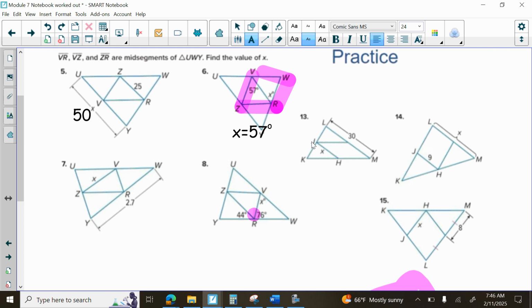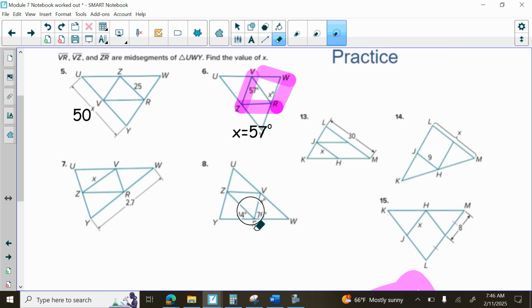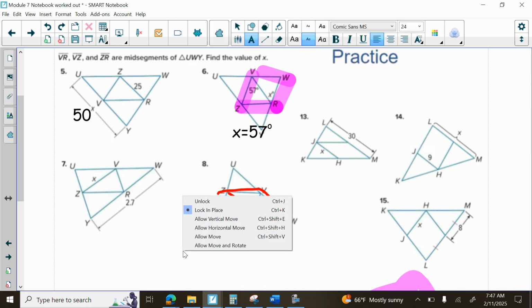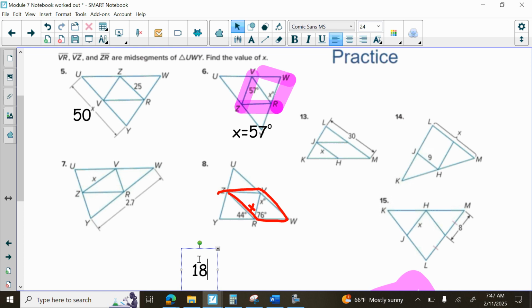Before I go there, the reason I'm trying to find that missing angle is because that missing angle will be the same measure as what? As x, because they're alternate interior, right? So if I can figure out what that angle is, I know what x is. Right? So all I have to do is 180 minus whatever 44 plus 76 is. And that will give me what x is. You understand?